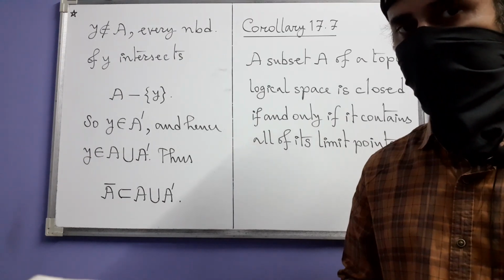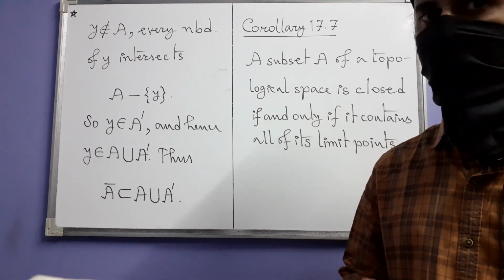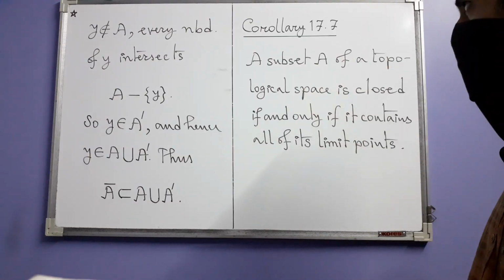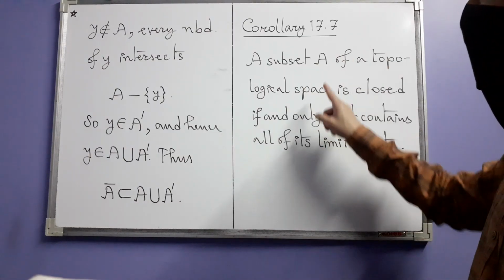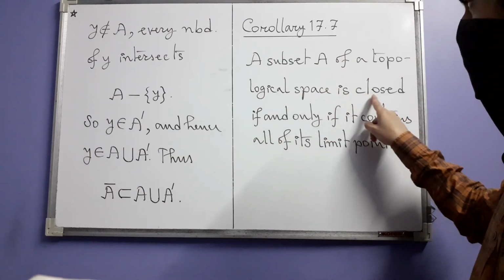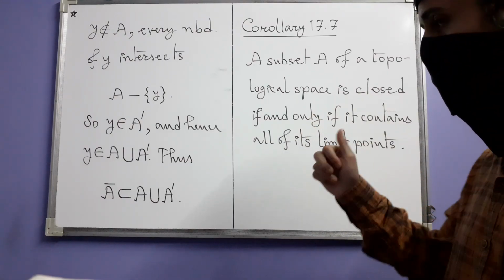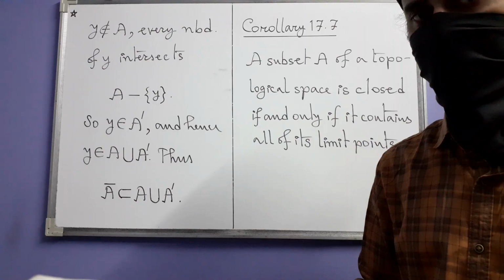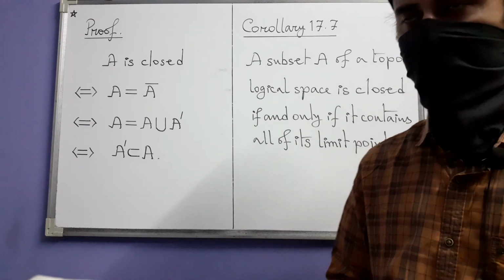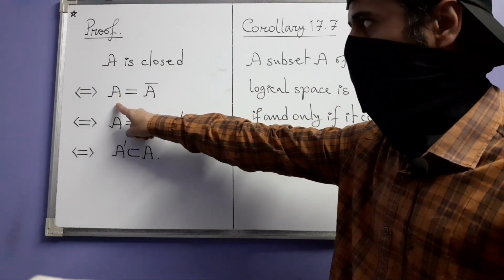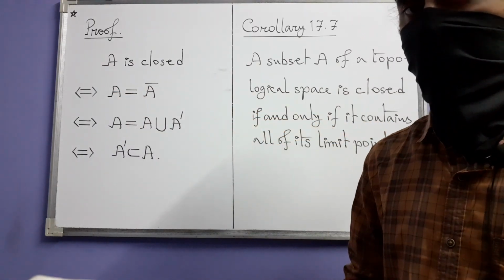And now we can link this notion of limit points with closedness of a set via this corollary 17.7. A subset A of a topological space is closed if and only if it contains all of its limit points. The proof is a fun little proof. A is closed if and only if A equals its own closure.